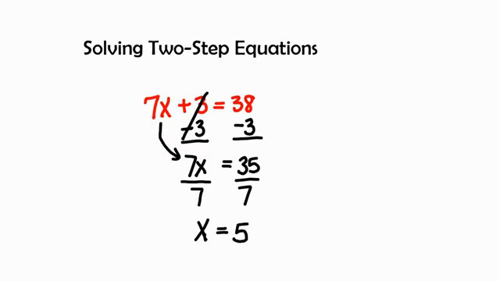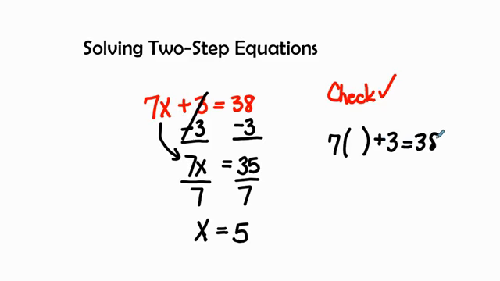Now the main thing that I want to look for is how do I check my work? Over to my right-hand side, I'm going to check to make sure that everything is right on track. So I take my 7, open parentheses where my variable x is, and I'm going to plug in the 5, plus 3 equals 38.